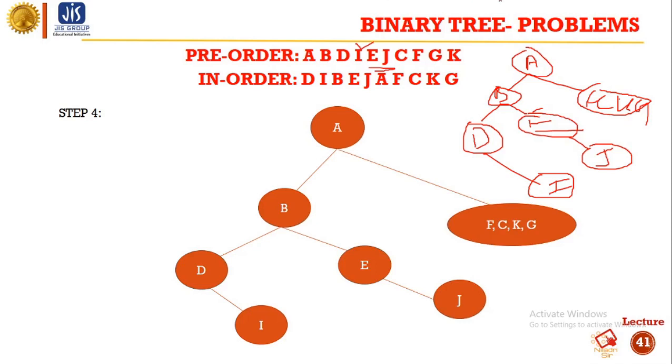So A was the root, then B, then D, then I, and from B it is E and J. From pre-order we will get the root E here, and from in-order we can find which elements are on the left side of E. There is no element on the left side of E, and on the right side of E there is J.